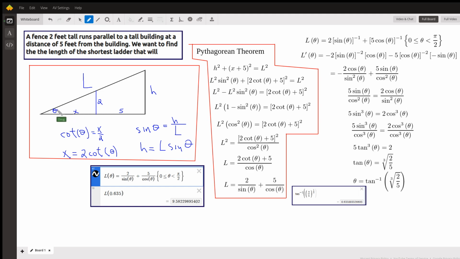There's a lot of ways to end up with this function right here, looking at this diagram. This is maybe the most straightforward.